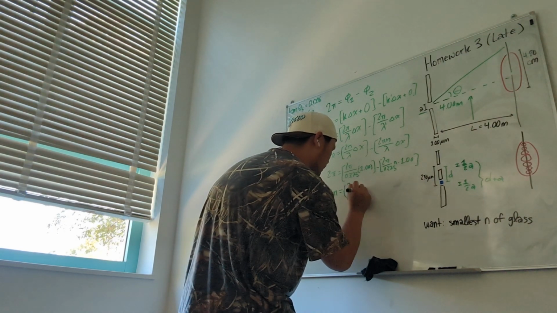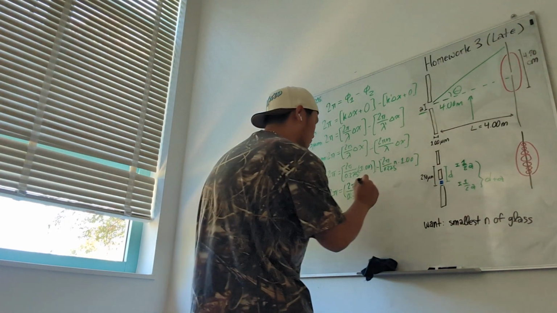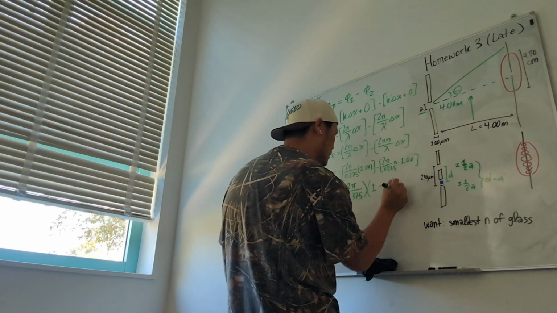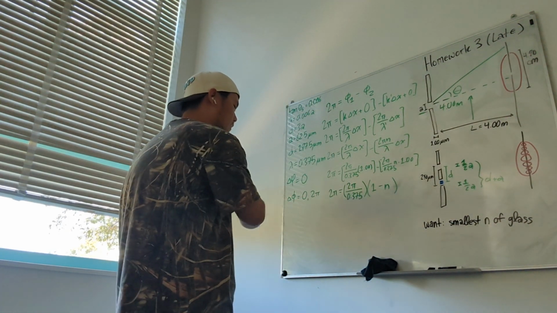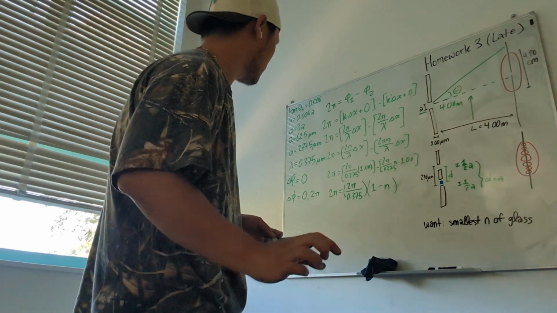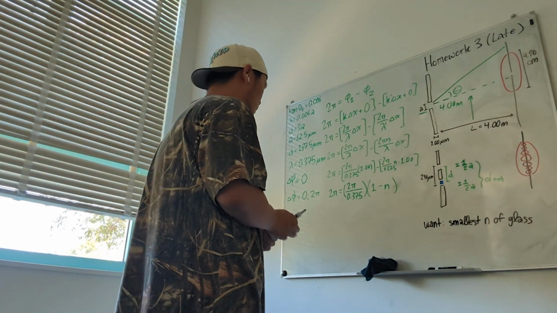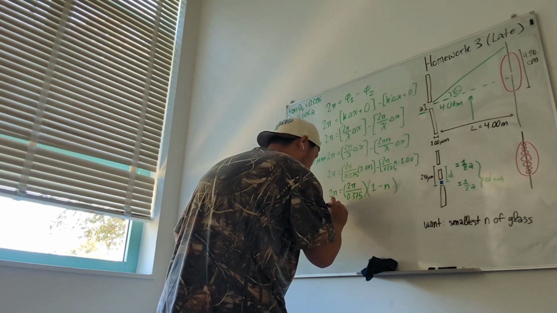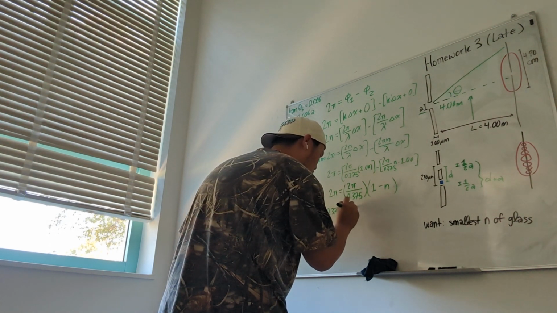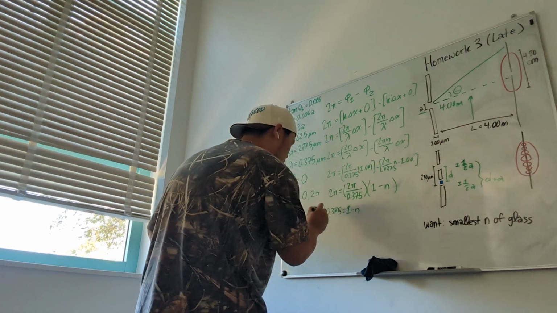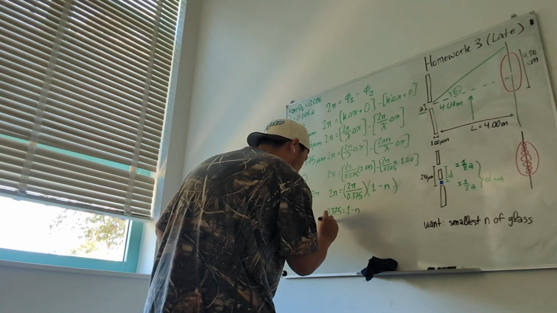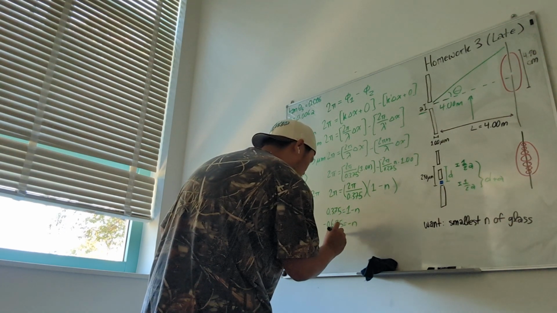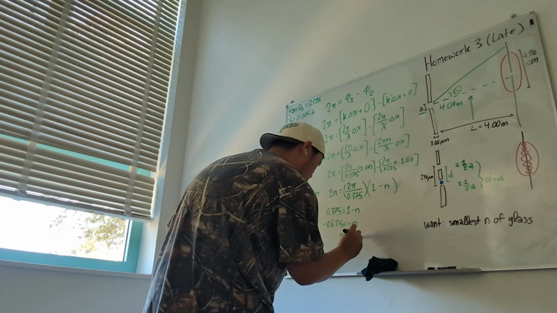You can just ignore the 1 because it's just 1. So we have 2 pi over 0.375 times 1 minus n. Divide this over, so that would just be 0.375 is equal to 1 minus n. And we subtract 1 from both sides, we get negative 0.625 is equal to negative n, which gives us n equals 0.625.